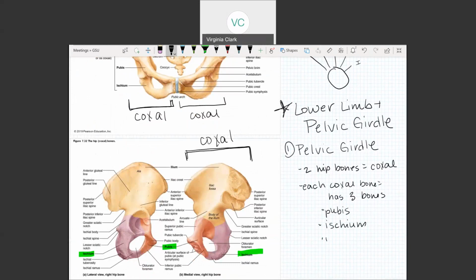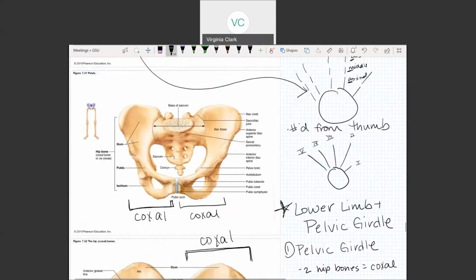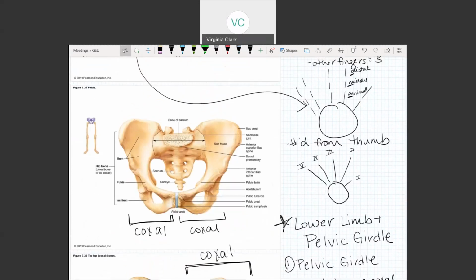Looking up here, you can actually see that the ilium is going to be the top of your hip, what you feel when you externally palpate your hip bone. Your pubis is going to be the front of your hip girdle, near your pubic region. And your ischium is going to be on the back, closer to your tailbone.